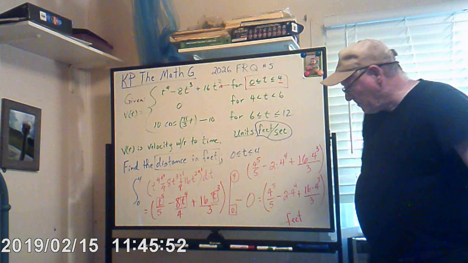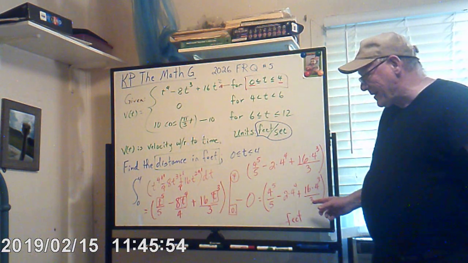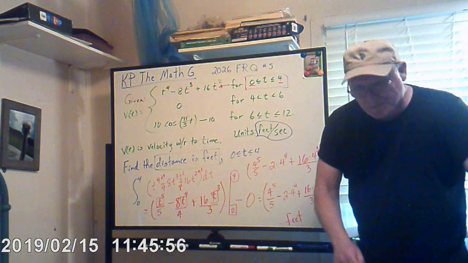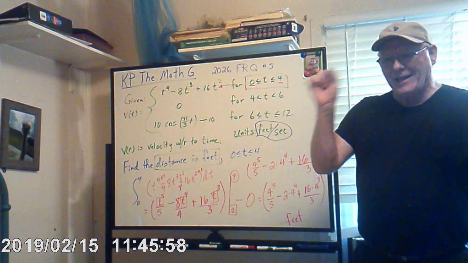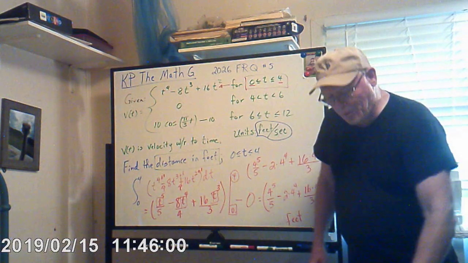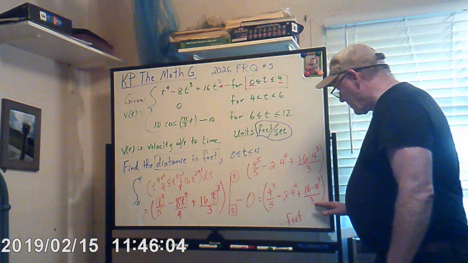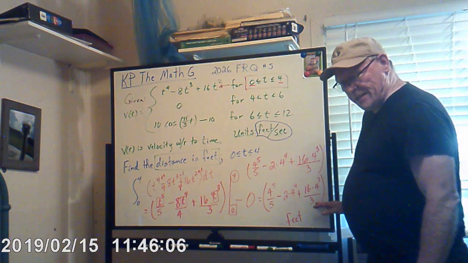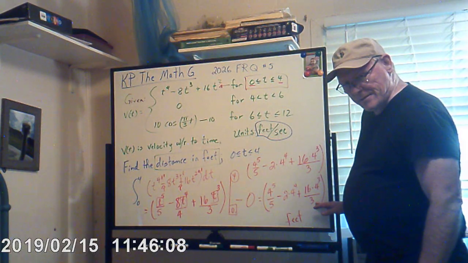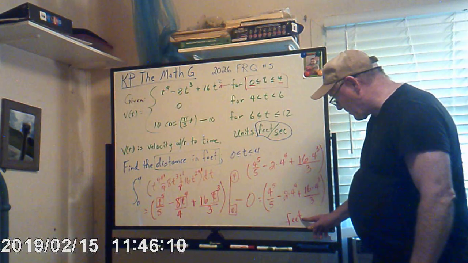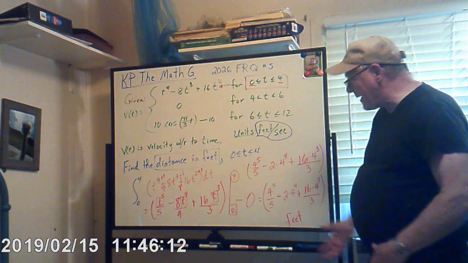So why work all this out and take a risk on making a mistake and losing a point? You need all the points you can get, right? Don't go any further. You're done. Okay? Just write the word feet, and that's it.